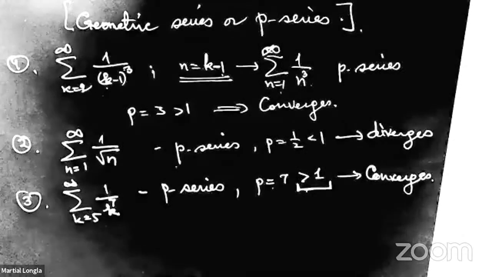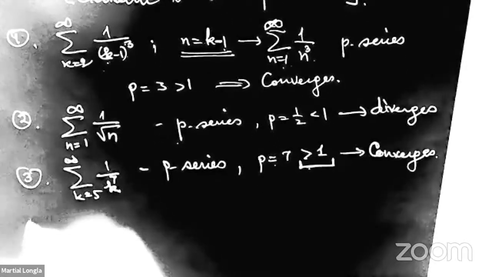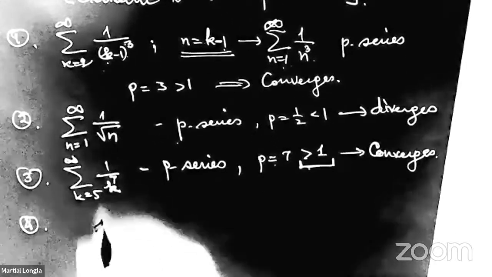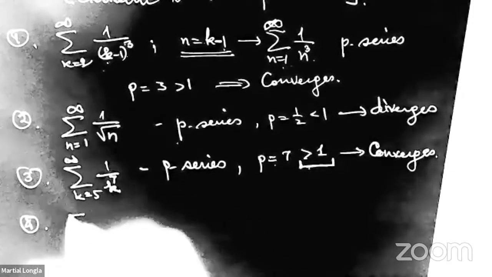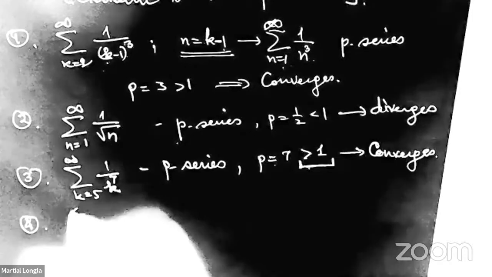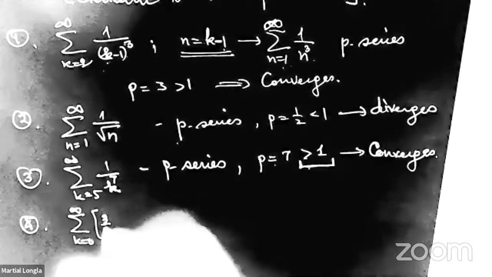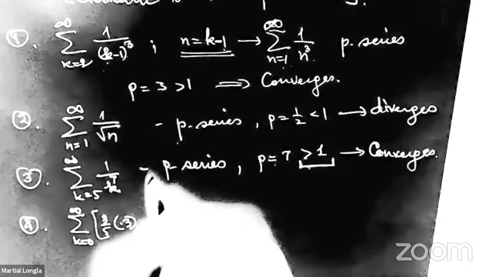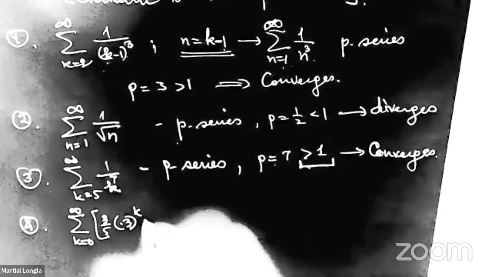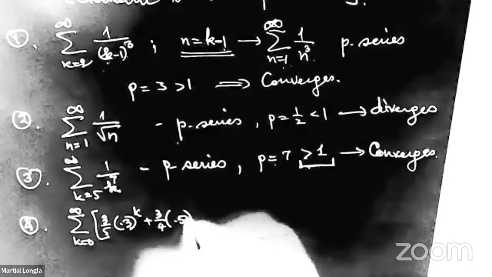Now the next one will be an example that has to do with geometric series. So the sum from k equals 0 to infinity of 3/5 times 0.3 to the k plus 3/4 times 0.5 to the power k.